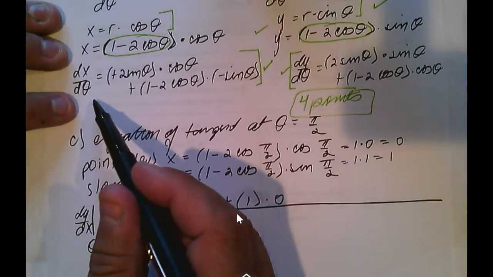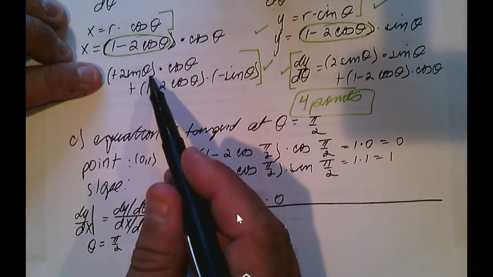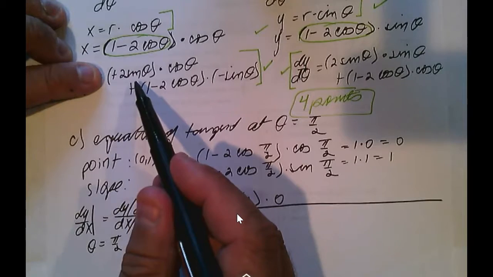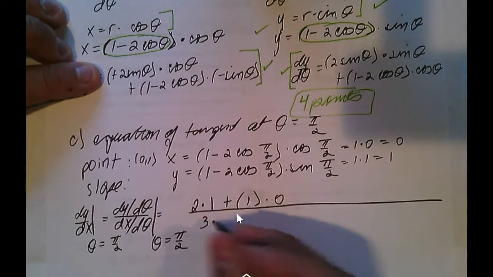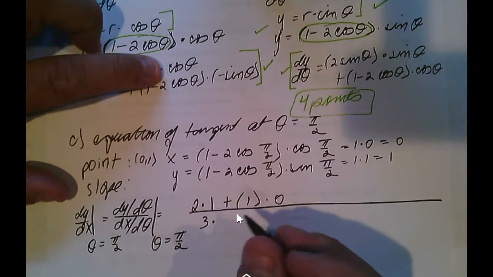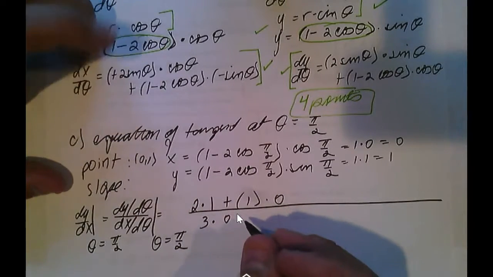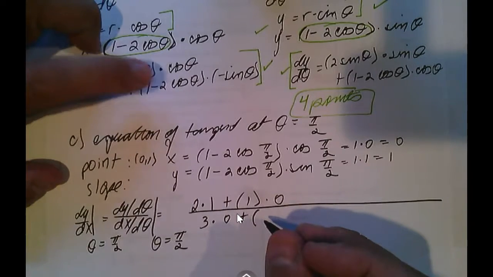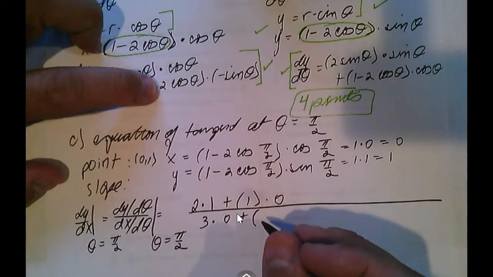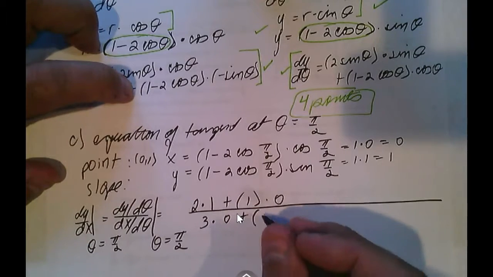Now plug in π/2 for θ over here. Sine of π/2 is 1, times 2 is 2, plus 1 is 3. The cosine of π/2 is 0, plus cosine of π/2 is 0, times 2 is 0. 1 minus that is 1.